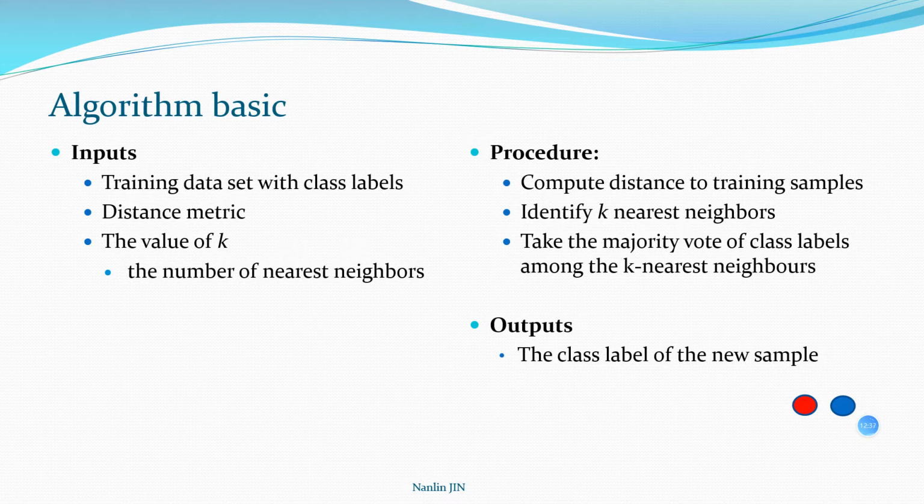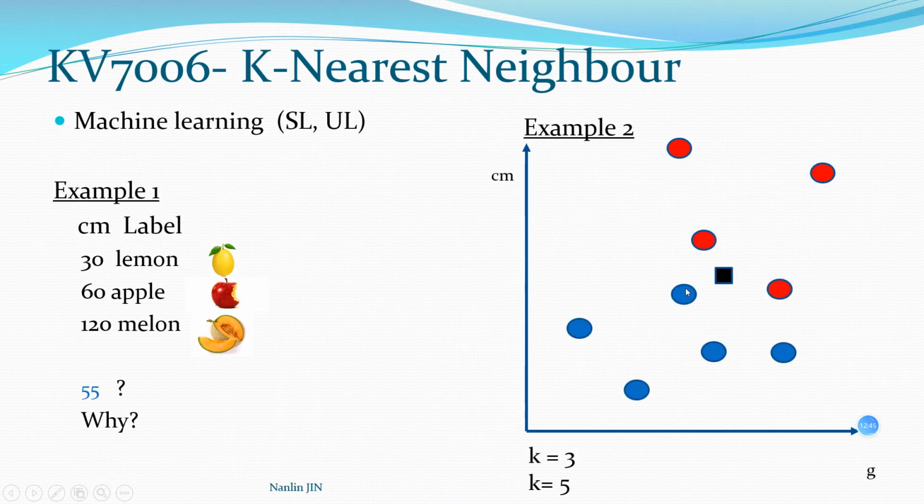So maybe I come back to the last slide to explain the voting mechanism. We take the example k equals 3. I measure this distance, and this distance, and this distance, and so on.